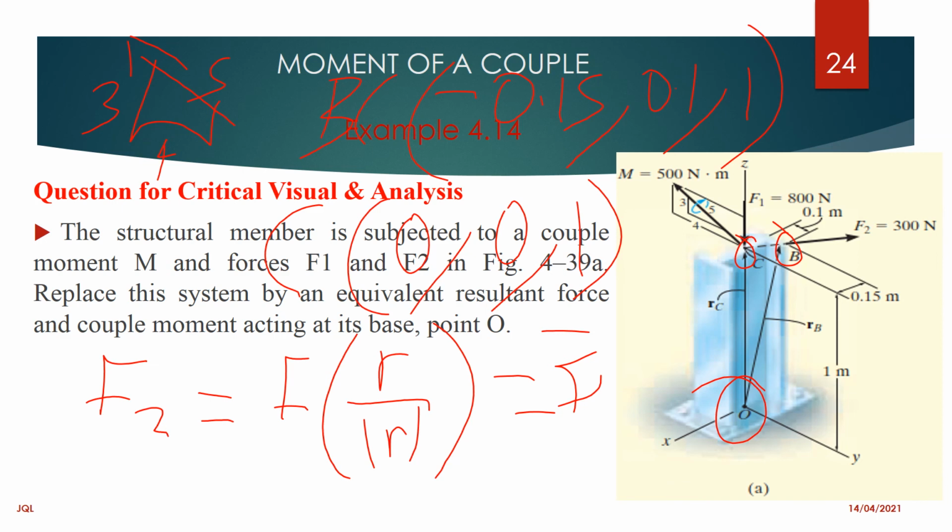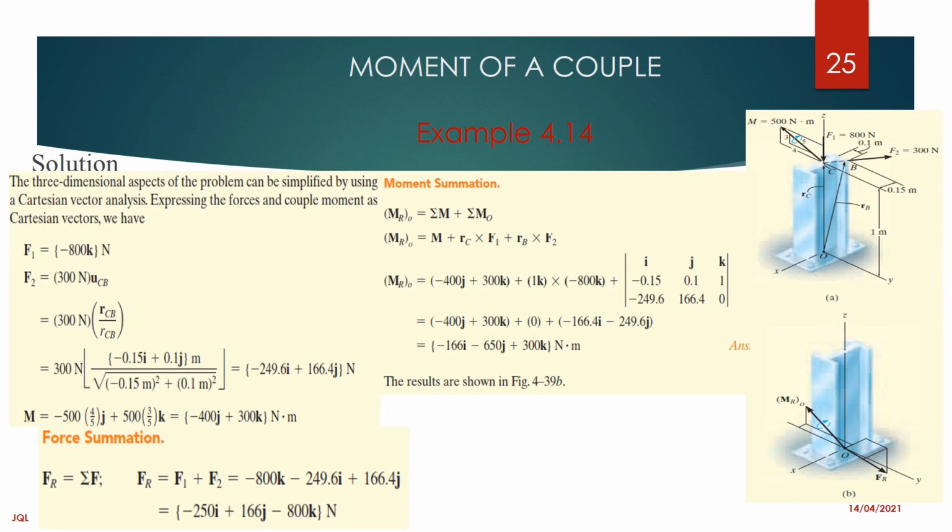Then you get your r. So once you have the coordinates for this, coordinates for that, even I'm showing r_B, r_C, then you are done. This is how we solve this problem.